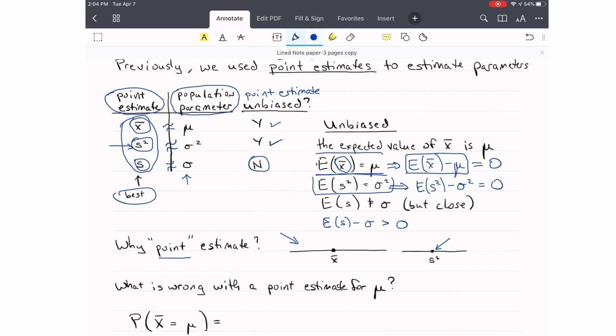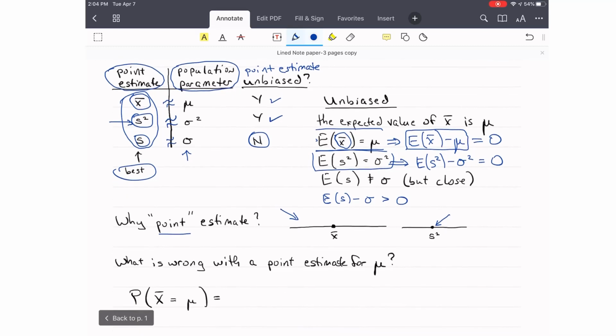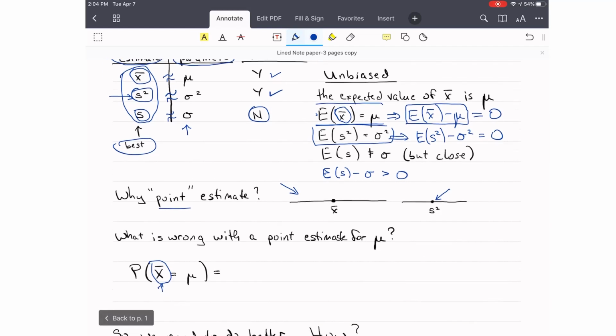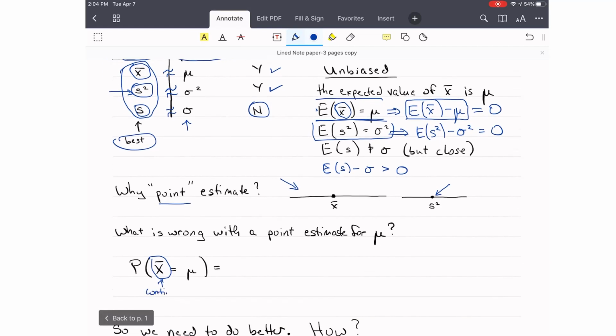And if I have a continuous distribution and this is my random variable here, if this is continuous, and I have an equal sign here to some value, this is a constant, some value mu, what's the probability that X bar is exactly equal to mu?